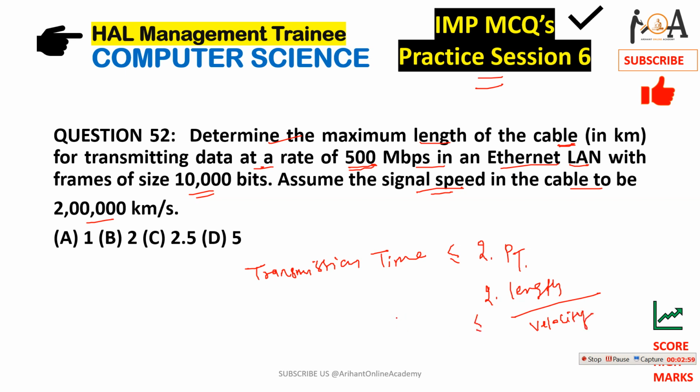Transmission time is nothing but frame size divided by bandwidth. Frame size is 10,000 bits, divided by bandwidth, which is 500 Mbps, so 500 into 10 to the power 6.